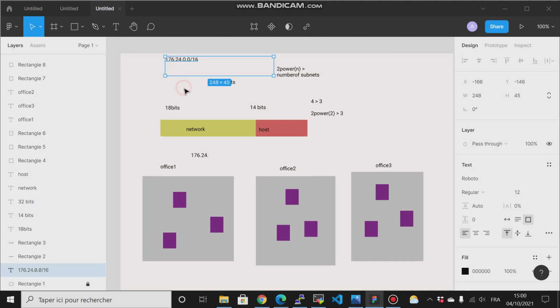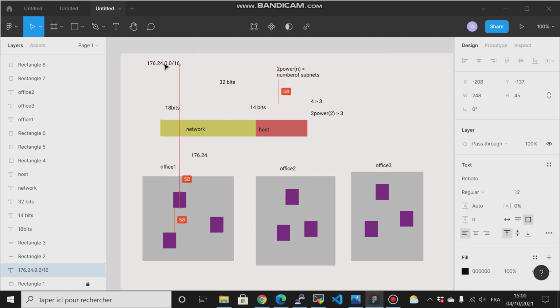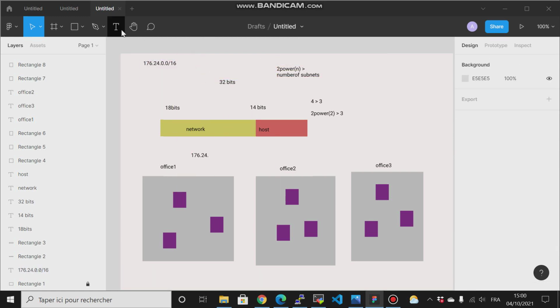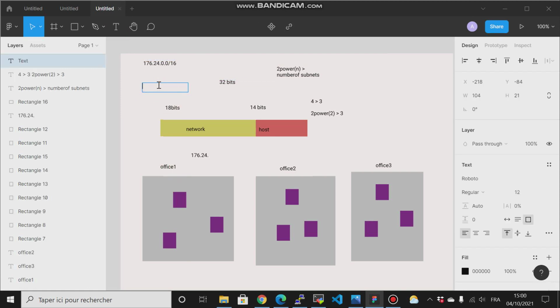Why? Because there is something that forced me not to touch this one, but to touch only this one. This thing is called the net mask. It is by default the highest value is 255 and the lowest value is 0.